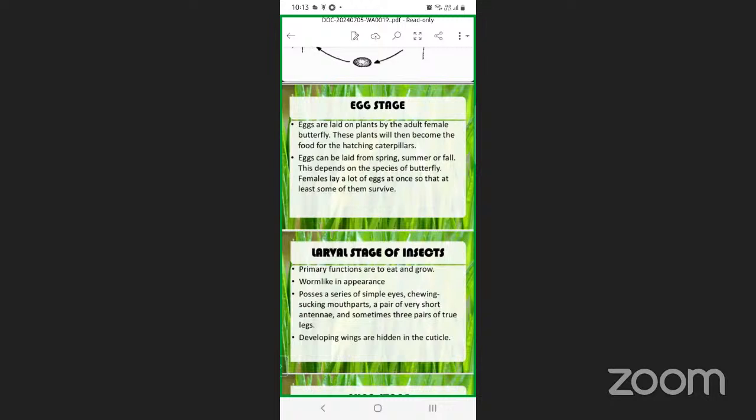These plants will then become the food for hatching caterpillars. These eggs can be laid from spring, summer, or fall, depending on the species of butterfly. And females lay a lot of eggs at once so that at least some of them survive.